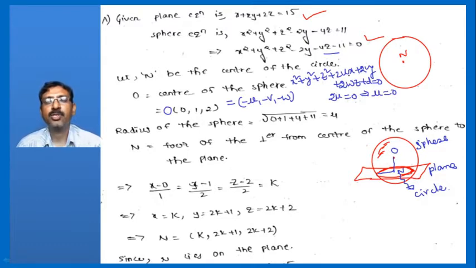Comparing these two equations, the standard general form and the given equation of the sphere, 2v equal to y coefficient, 2v equal to minus 2, implies v equal to minus 1.